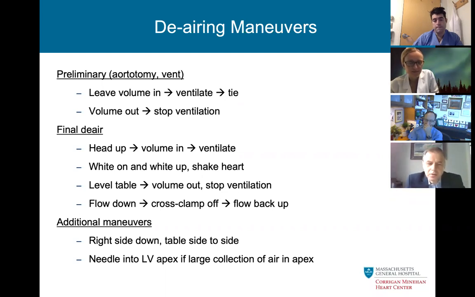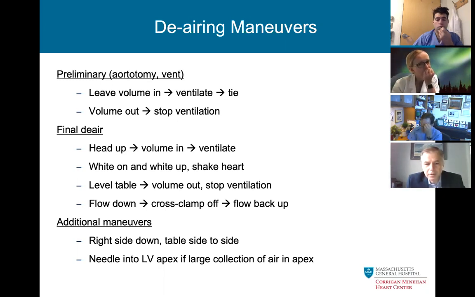But back to George's point. Every attending does different de-airing mechanisms. For the fellows, what's important to know is that there is some logic behind whatever the attending does. For example, what I do: head up, volume in, and ventilate so that the air goes into the root, suck on the root, shake the heart, and then level the table or head down.